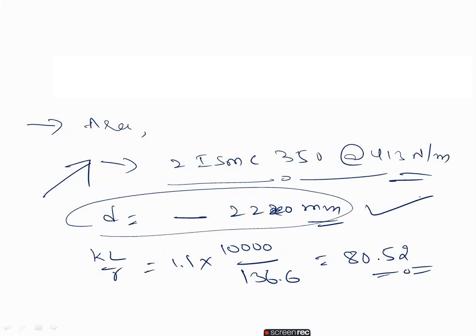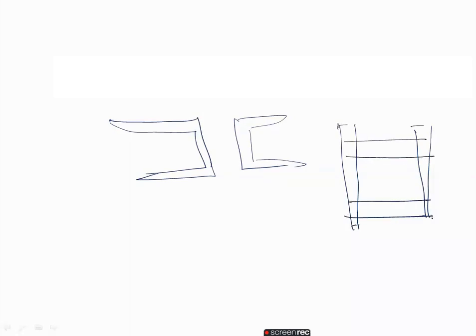After that, the distance between the channels. Suppose the channel sections are like this. What is the distance between these channels? If I draw the battened column, these are our battens. One batten, second, this is the intermediate batten, and this is the end batten.